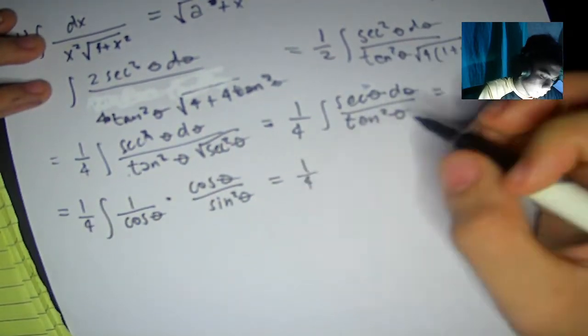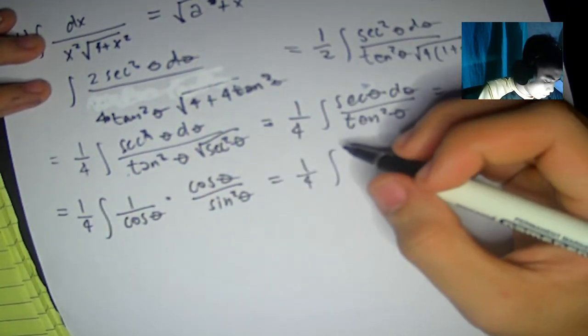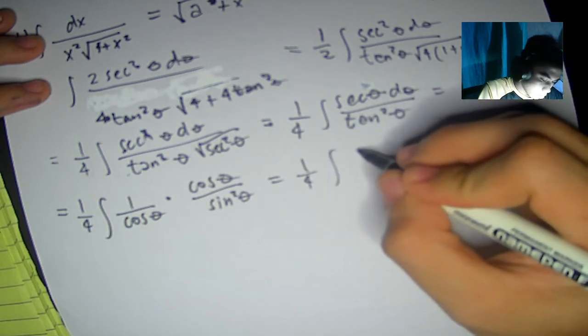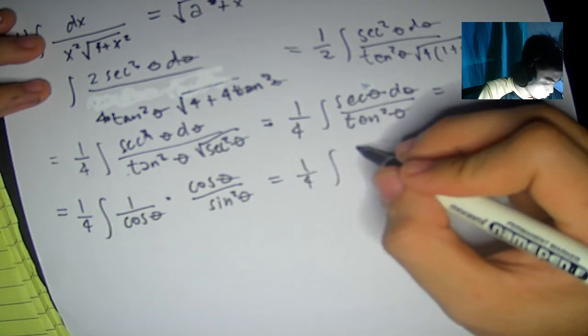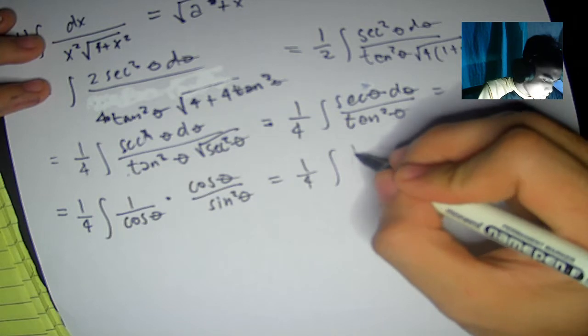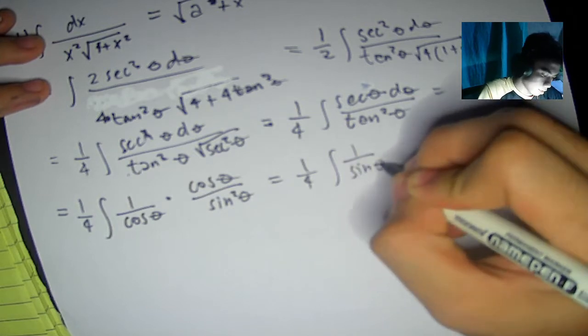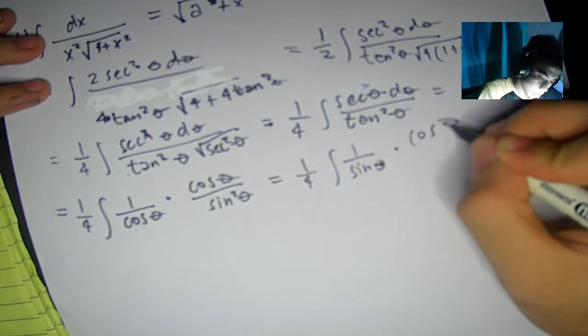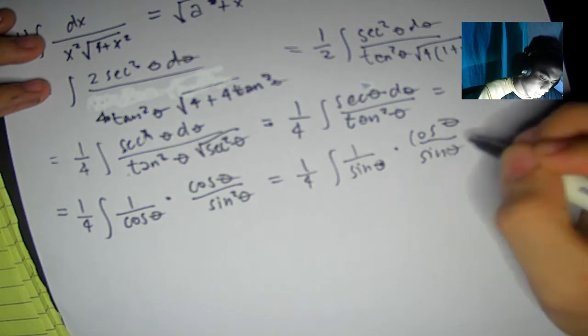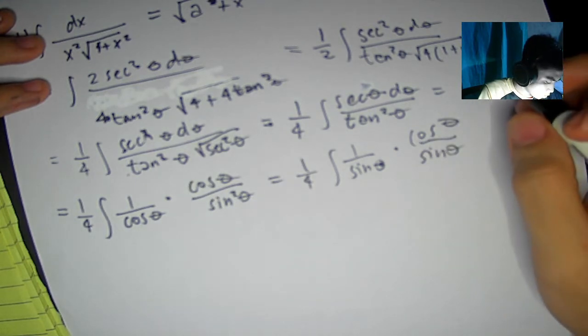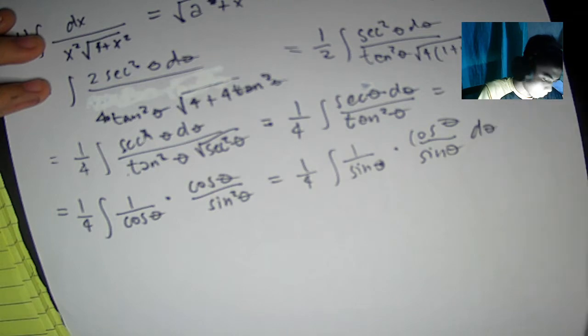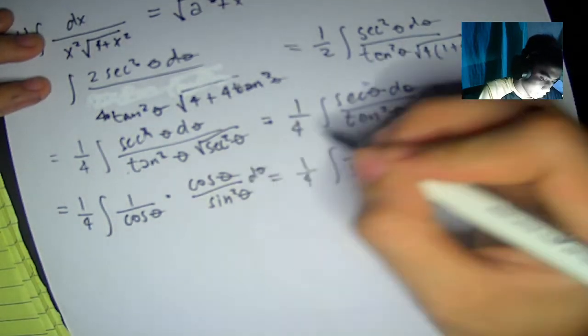So we have 1/4 and it will become 1 over sine theta times cosine theta over sine theta.